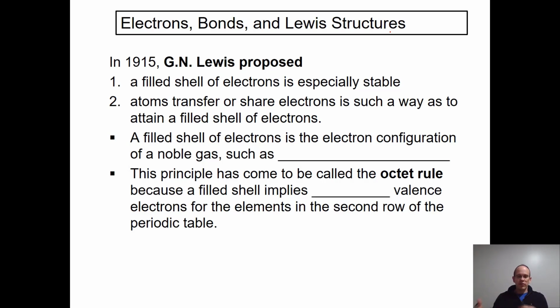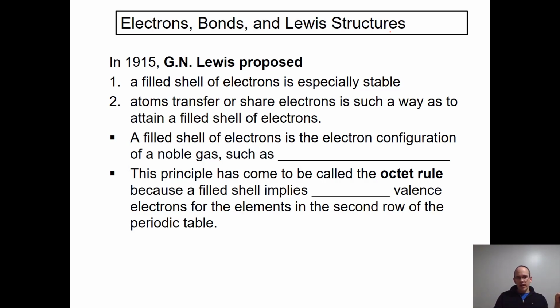So a few things that we need to talk about with regards to electron configurations. When you remember, as you go through that periodic table, everything is aligned such that at the very right side of the periodic table, those atoms in their neutral state have a completely filled valence shell, or a completely full shell of electrons.